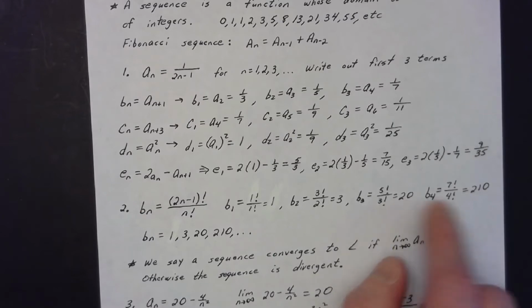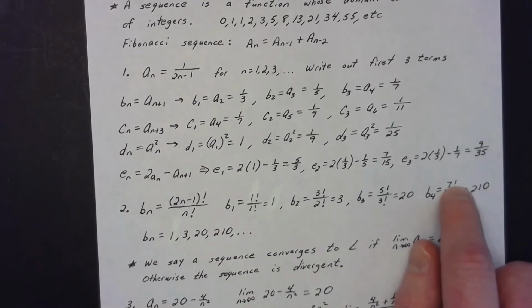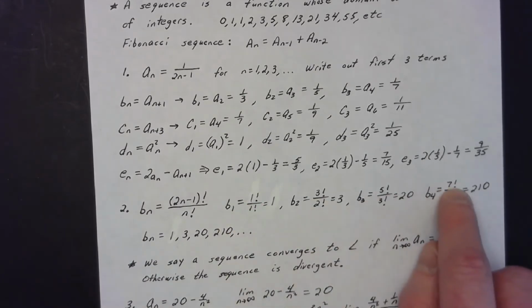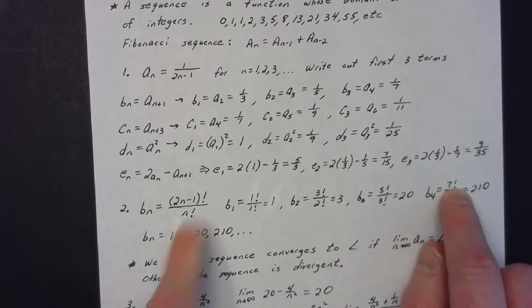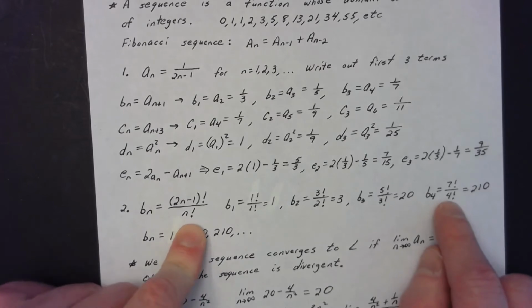And just for the fun of it, I went ahead and did the fourth term of this sequence. You'd say, well, if I plugged in a 4, you get 2 times 4 is 8. 8 minus 1 is 7. Your numerator is going to be 7 factorial. Notice your numerator kept on increasing by 2 each time with a factorial because of the multiple of 2. My denominator just 4 factorial.